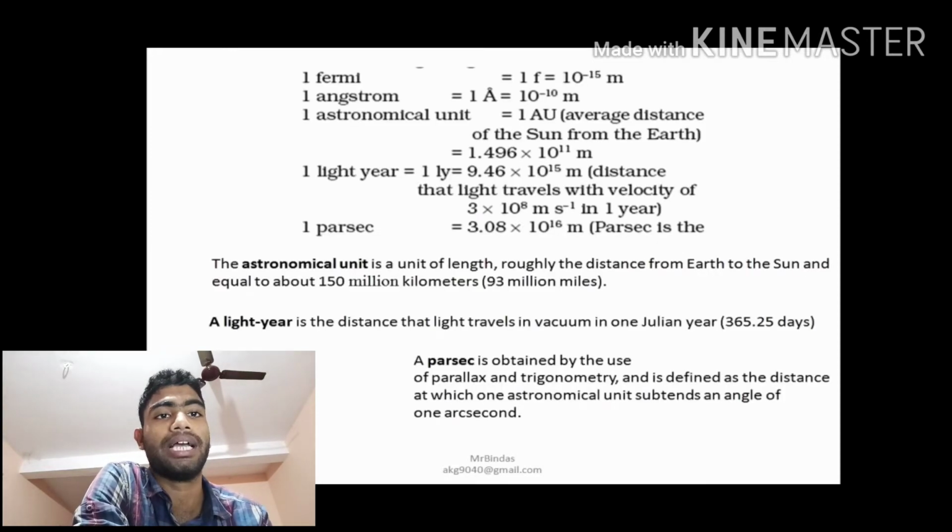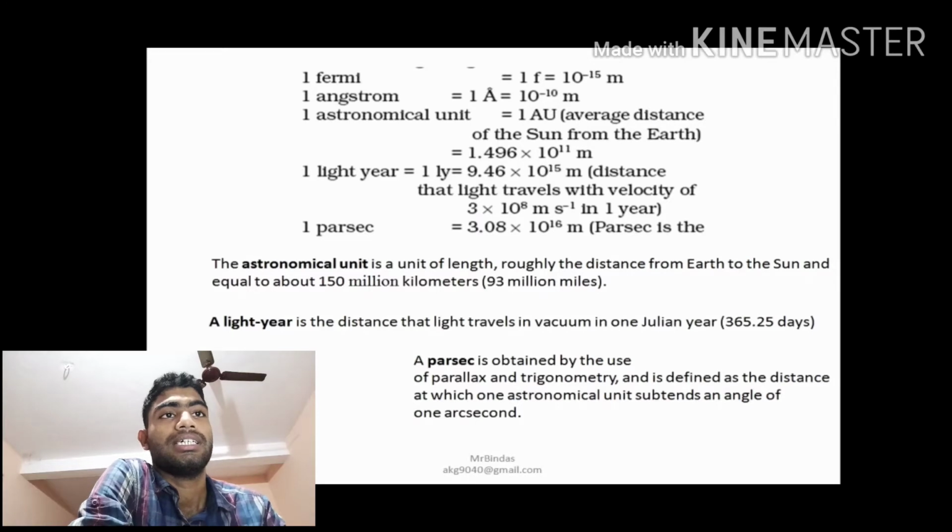So first of all, I will introduce some units which we use in length measurement. Here I will represent some units like Fermi, which is in the range of 10 to the power minus 15 meter, and angstrom. 1 angstrom is in the range of 10 to the power minus 10 meter. Similarly, 1 astronomical unit is a roughly calculated average distance between the sun and earth.